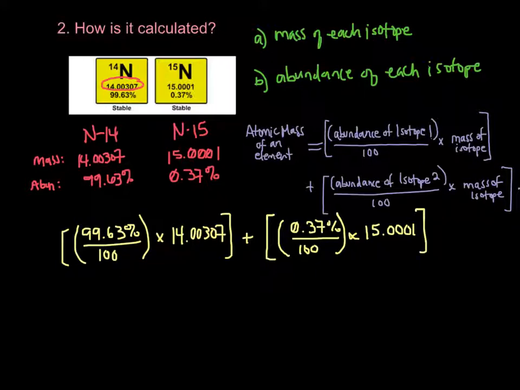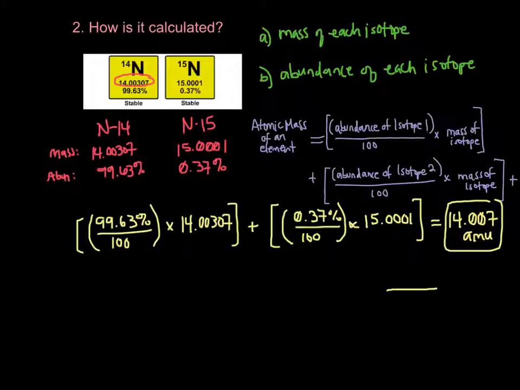Since those are the only two isotopes of nitrogen, you're just going to do those two things and get an answer. And when you work that out, you should get 14.007 atomic mass units. All right, so right there is the atomic mass of nitrogen, or the average atomic mass based on the mass of each isotope and the abundance of each isotope.